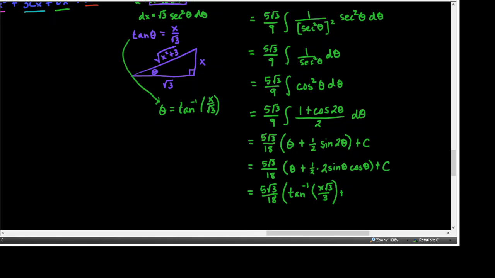And looking at my triangle, sine of theta is opposite over hypotenuse. So x over square root of x squared plus 3 multiplied by cosine of theta, which is adjacent over hypotenuse, plus c.